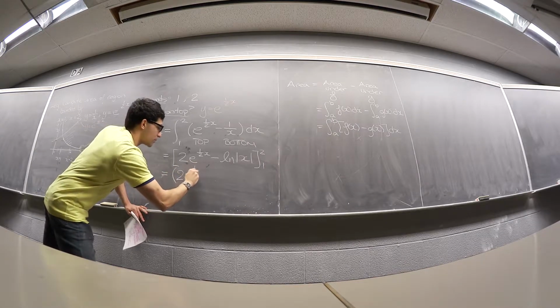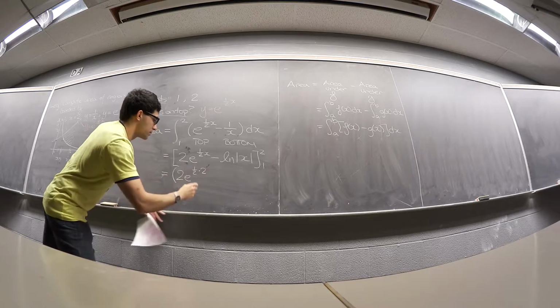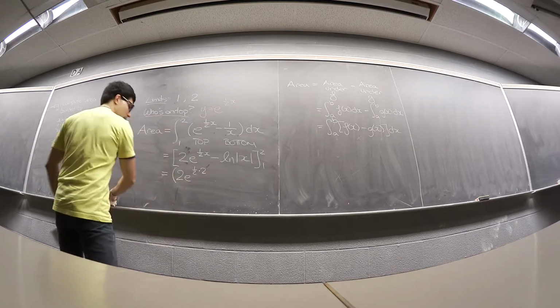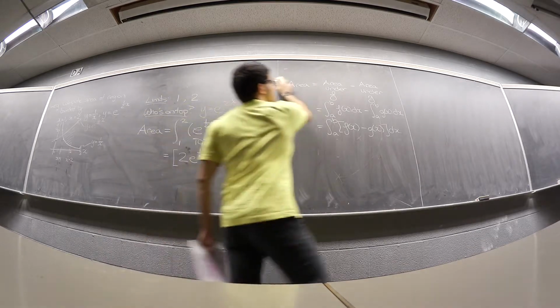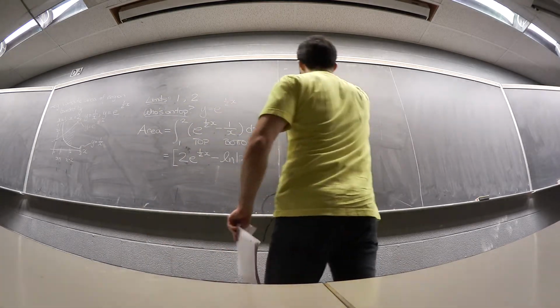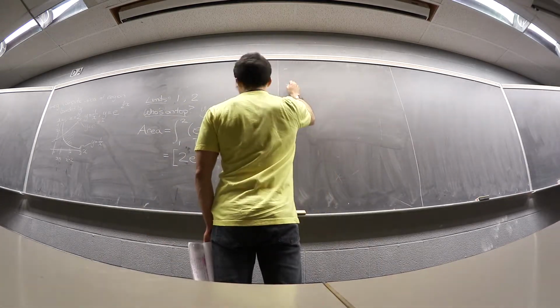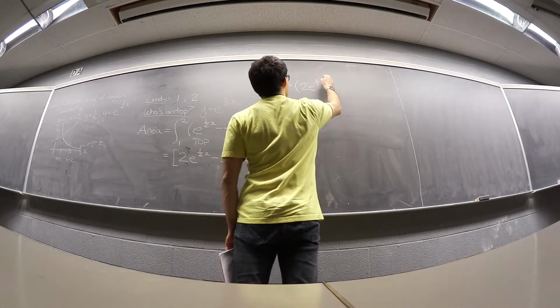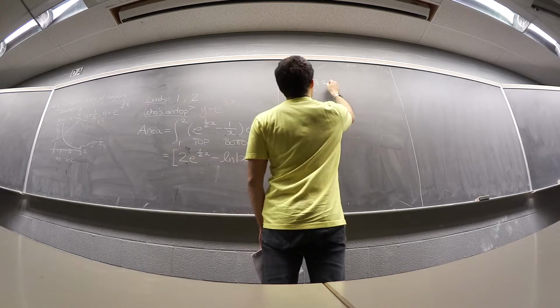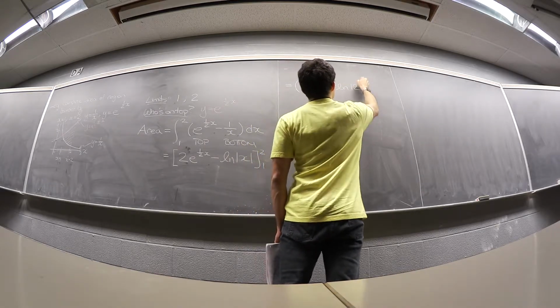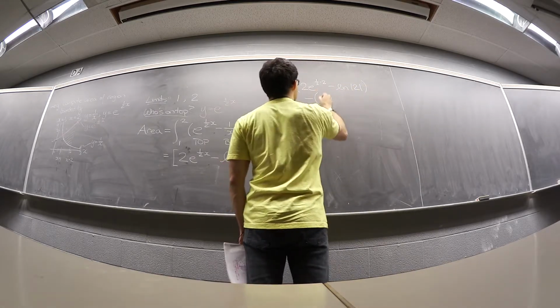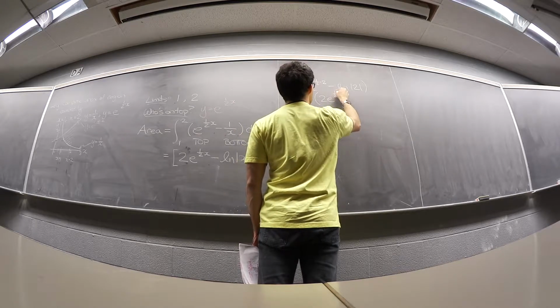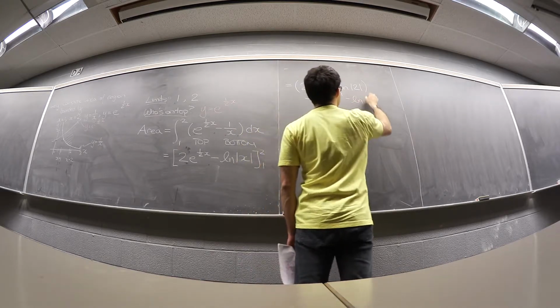2e to the 1/2 times 2. It's not going to fit, is it? 2e to the 1/2 times 2 minus ln absolute 2, minus 2e to the 1/2 times 1 minus ln absolute 1.